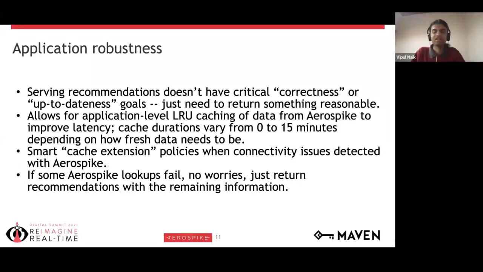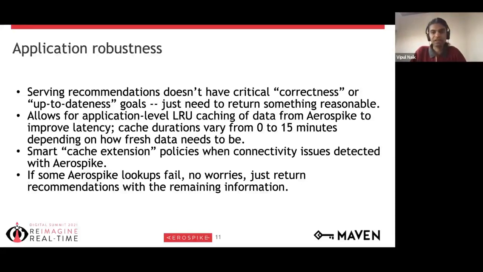So if we are making some calls to Aerospike and some of the calls fail, that's still fine, because if enough of them succeed, we can return good enough recommendations. So we don't have strict correctness requirements. We don't have very strict up-to-dateness requirements either. If our ML is maybe 5 minutes behind, that's fine. It's just our internal goals.